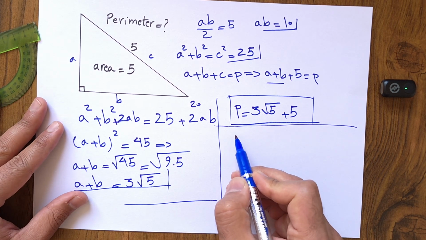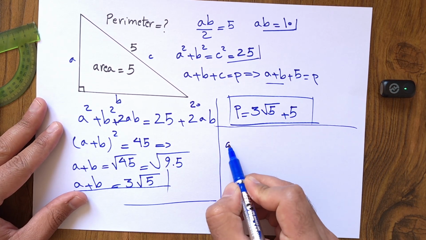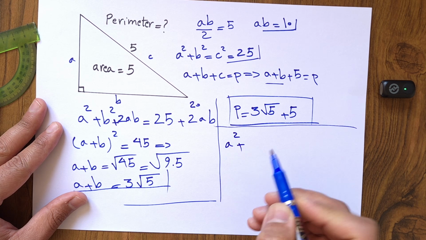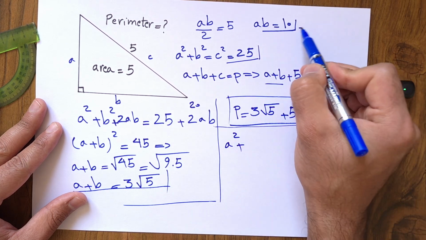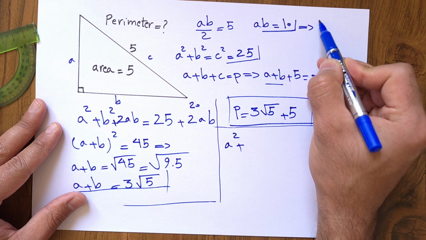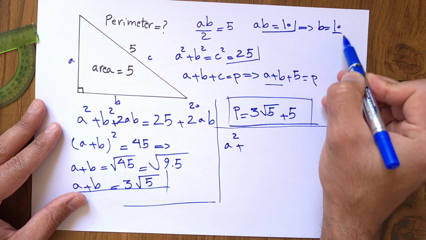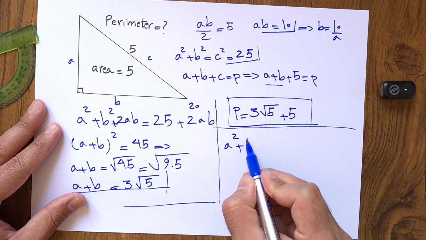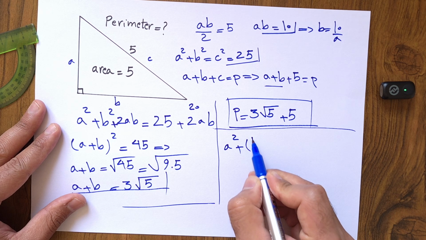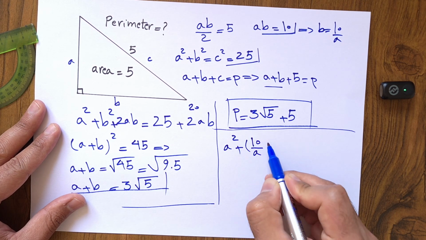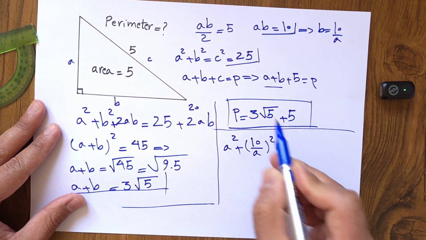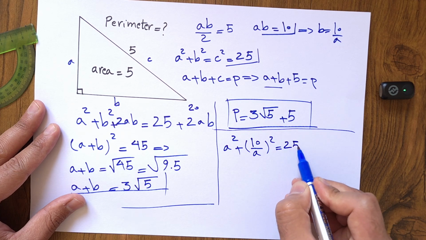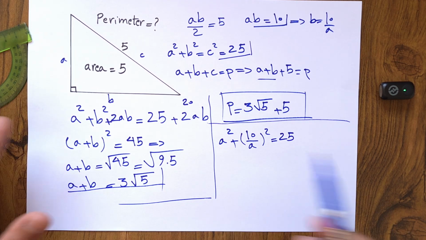But as a hint, I would like to give you A squared plus B squared. From this equation, we can say, for example, B equals 10 over A, right? So A squared plus B squared, where B squared is 10 over A squared, equals C squared, which is 25. So from this, you can just calculate it.